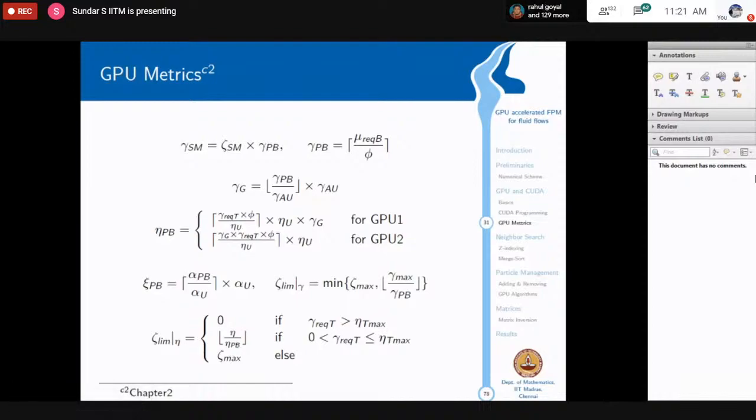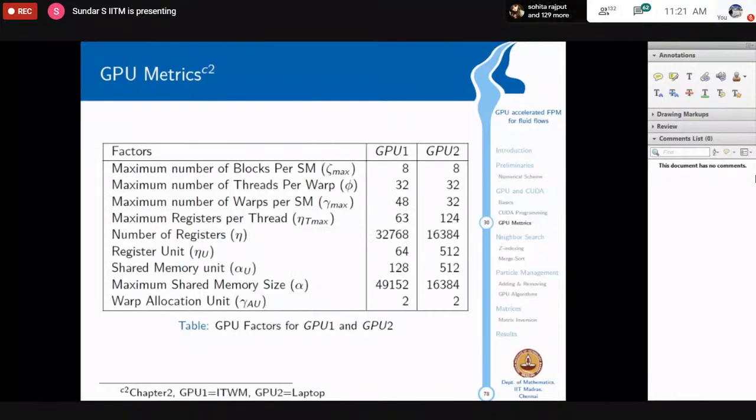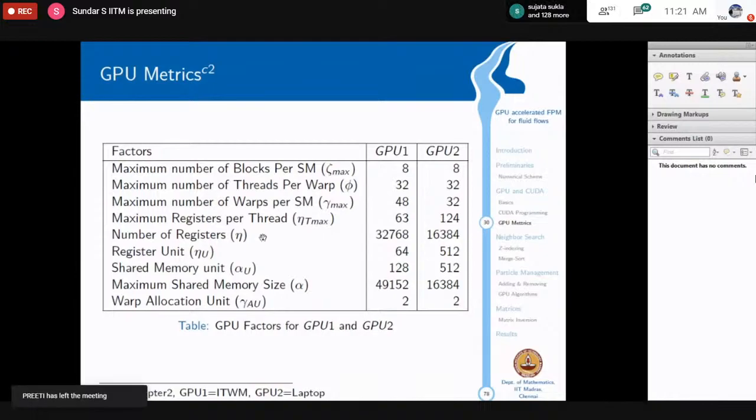How do I know that this works for all problems, or even if I change the data for a particular problem, that I will get this much speed up? So you need a general setup, a GPU metric, to understand this. That's why all this information is important. I have introduced gamma max, eta max, pi, eta t max, alpha u, gamma e.